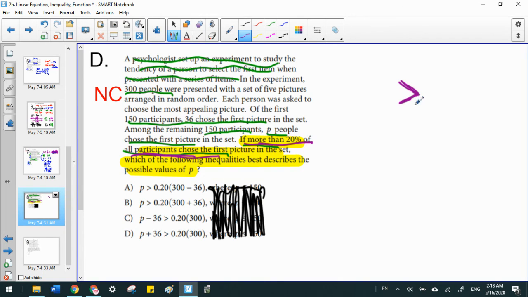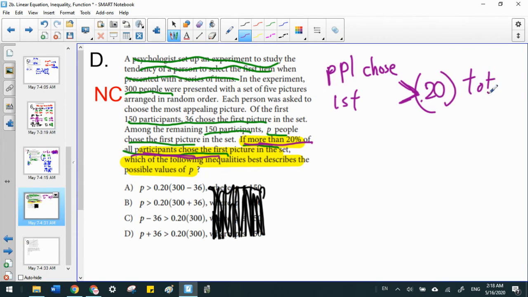So then what you can do is represent the inequality that way using words. More than 20% of all participants chose the first picture in the set just means that the number of participants that chose the first picture is greater than 20% of the total number of participants. And now that you have this set up, everything else you just have to piece together gradually.